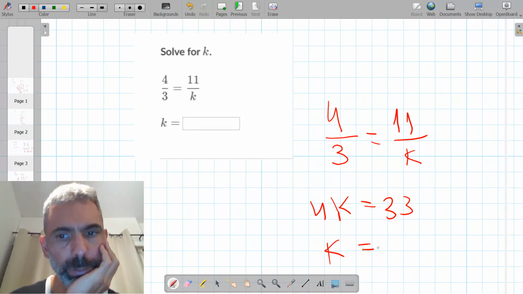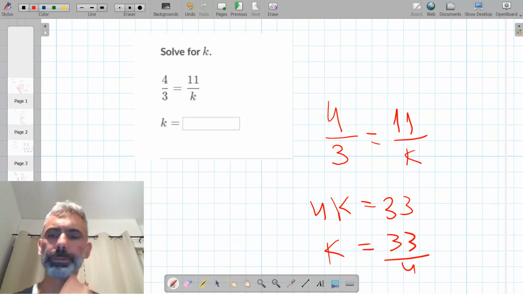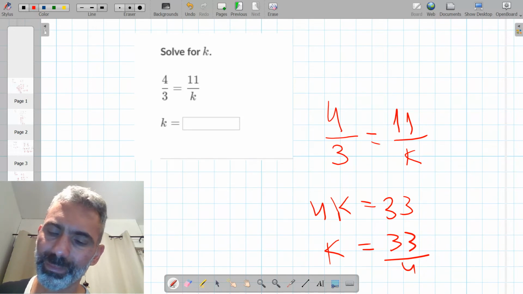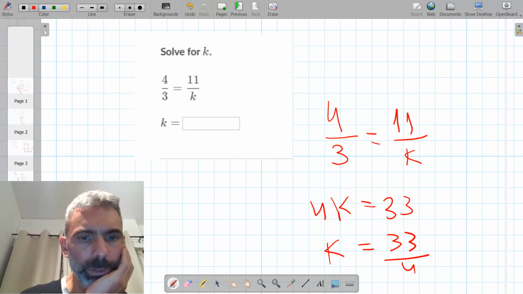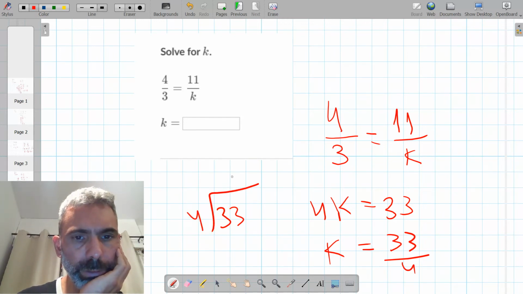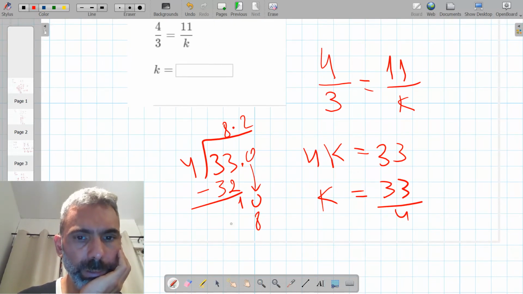So k equals 33 over 4. 4 goes into 33 8 times. 8 times 4 is 32. 1, bring down 0. 4 goes into 10 2 times. 2 times 4 is 8.